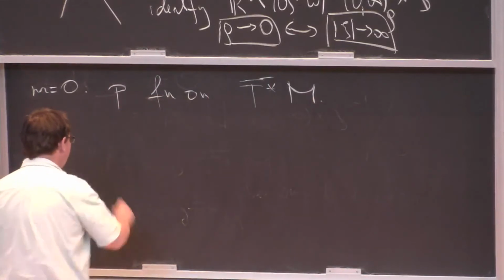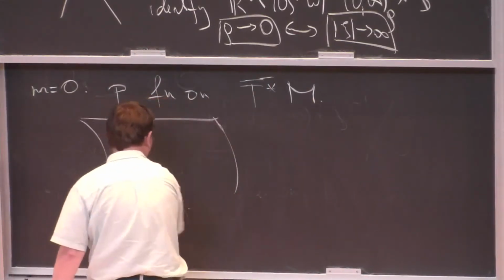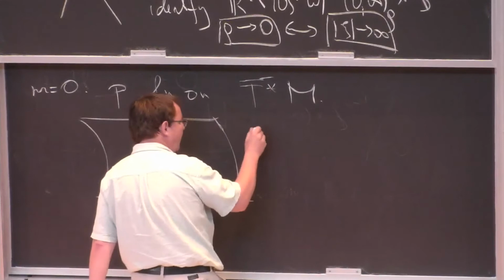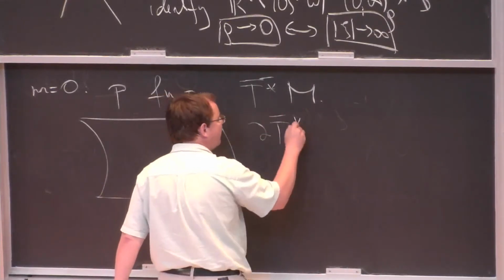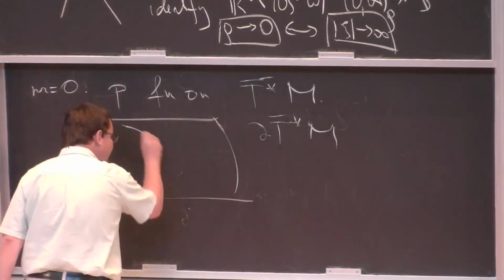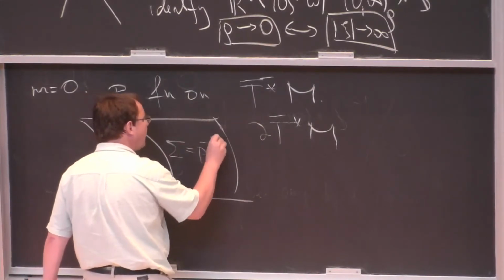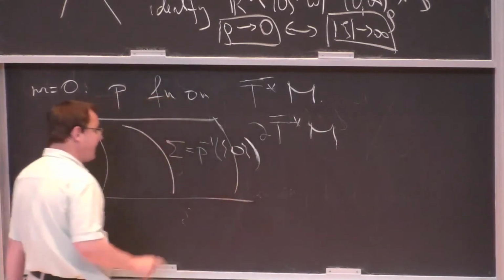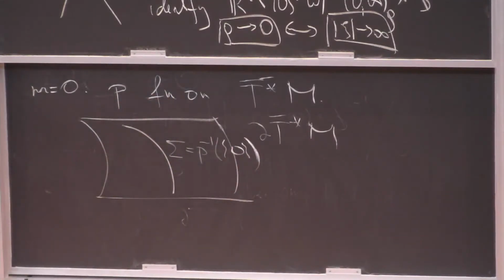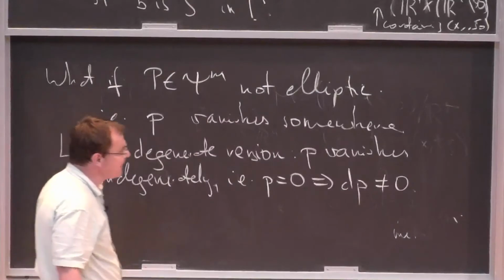I have this sphere bundle at infinity, which is really the boundary of this, and I'm looking at the zero set of p, which I'm going to call sigma. I'm asking that this be non-degenerately defined, so dP is non-zero and P is 0. One thing I didn't say that I meant to say: it vanishes non-degenerately.